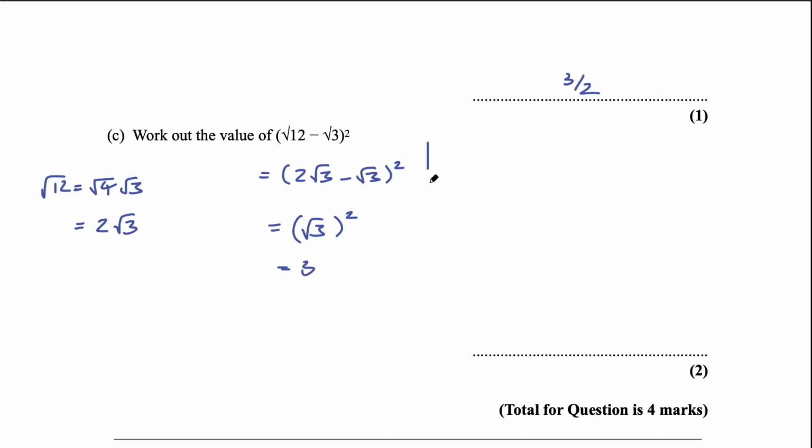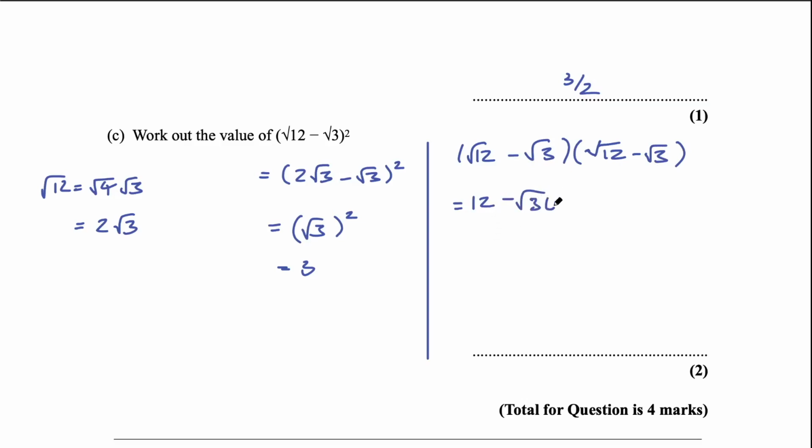Okay, let's do the second way. So expanding those brackets out, we would get, well, let's write it out first. Square root 12 take root 3 times square root of 12 take root 3. Root 12 times root 12 is 12. Square root 12 times negative square root 3. You can multiply those numbers inside the square root. So 12 times 3 is negative square root 36. And then those inner terms will be the same.